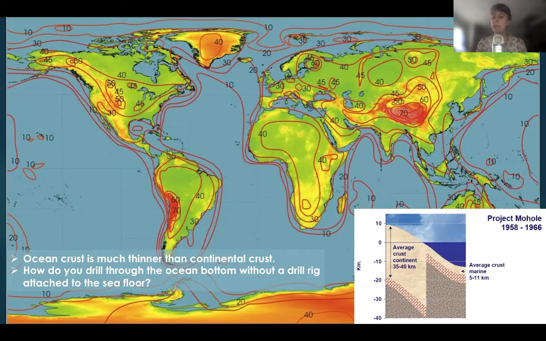We would need to drill from a ship, and that ship would need to stay in place. And that was something we didn't know how to do in 1957. So they had to work out how you drill through the ocean floor without a drill rig attached to the seafloor. Up until this point, they'd done some offshore drilling by building little islands just offshore, but they couldn't get more than a few tens of meters, really.